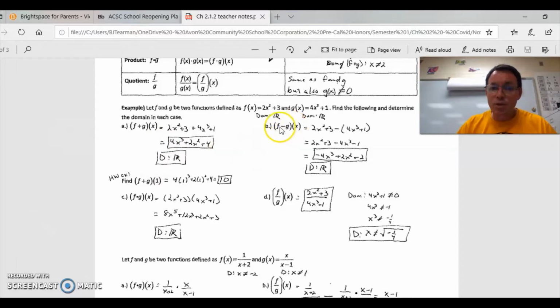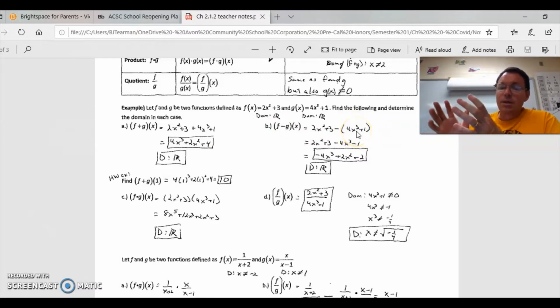Then we did b. We subtracted the 2 functions. Now pay attention, when I subtract function g, I put parentheses because that function g is a binomial and I need to make sure that I distribute that negative when I do that. Okay, so there's me subtracting. And again, I get this new function, and the domain of this is also all real numbers.